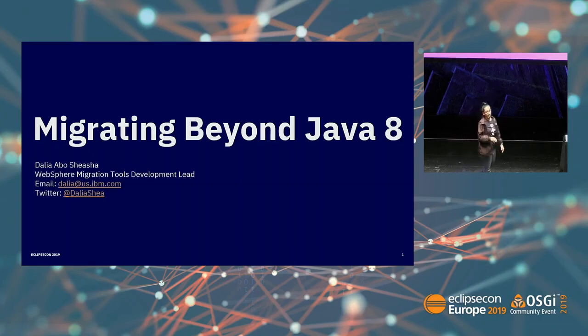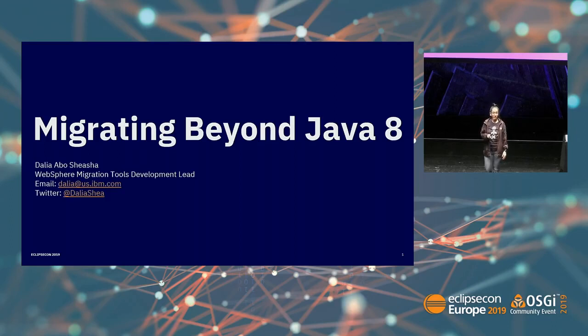So before I get started, I usually like to know where people are at right now. Does anyone have Java applications already running on Java 13 or 12? No one? All right, Java 11. Cool, a few people. 9 or 10? 8?